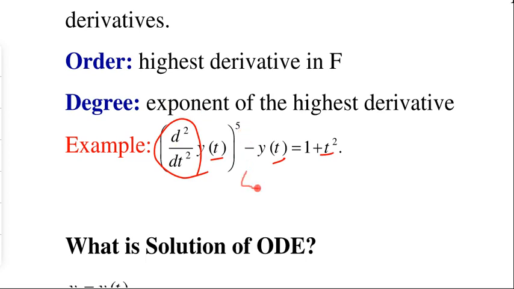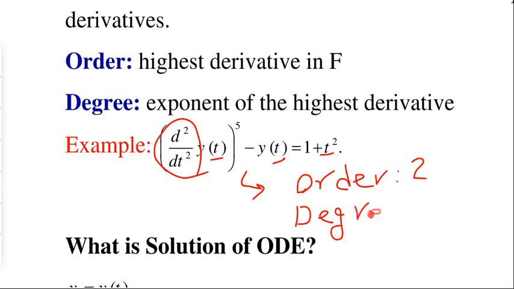So here in this equation, order will be 2, but degree will be 5.